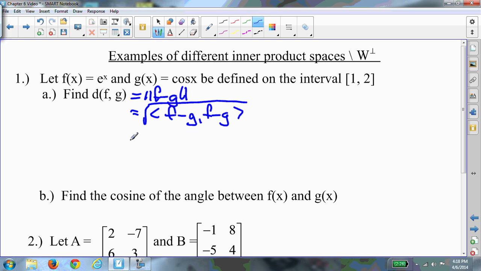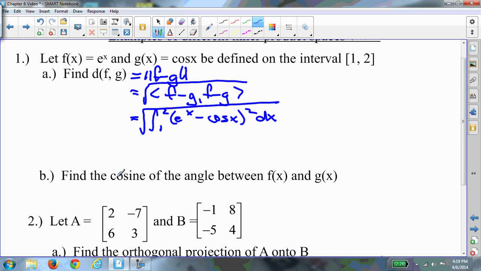Now the definition of inner product using continuous functions is an integral. So basically what we're going to have is the integral from 1 to 2 of e to the x minus cosine x, squared, because it's f minus g inner product with itself, dx, and then square root that entire thing. So that would be the Euclidean distance.